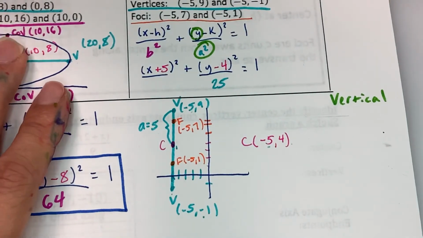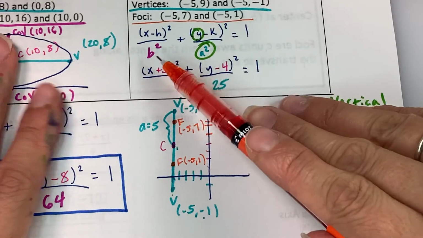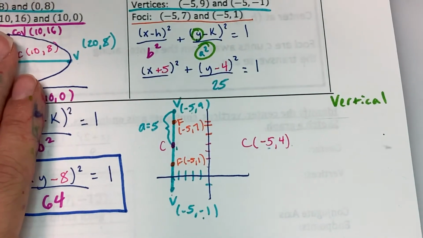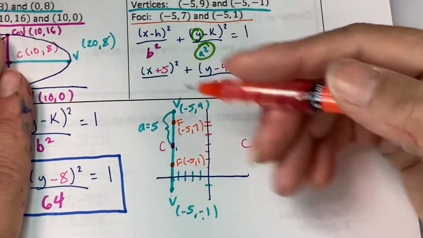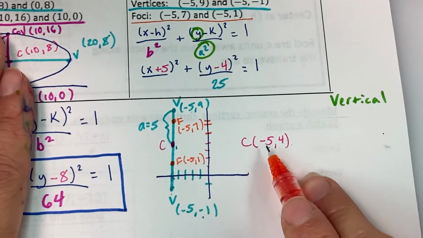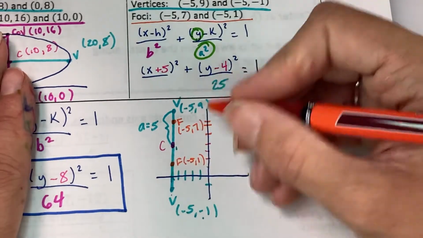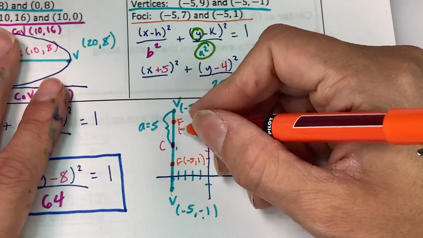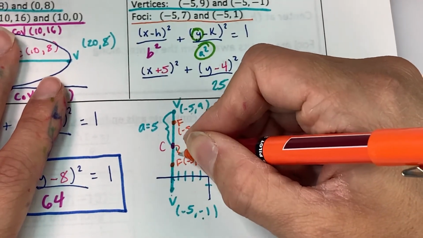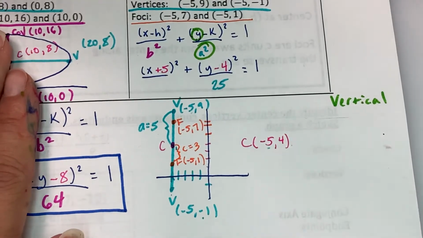So what can we use the foci for? How are we going to use the foci to help us figure out our last missing piece, the b value? Well, from our graph, we can figure out our c value. How far do we move from (-5, 4) to (-5, 7)? We have gone up 3 units. How do we go from (-5, 4) down to (-5, 1)? Also 3 units. So I'm going to just draw my c value here. That c is equal to 3.